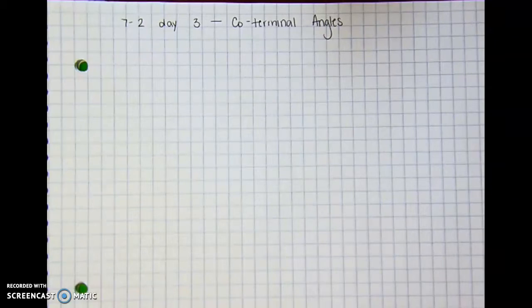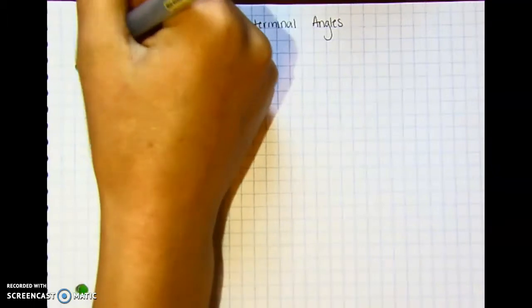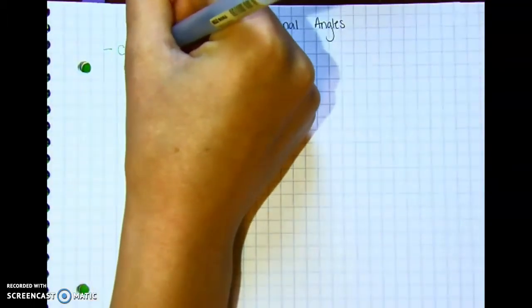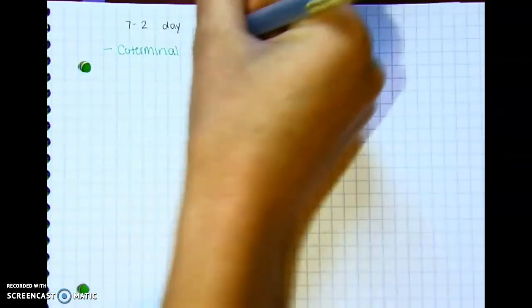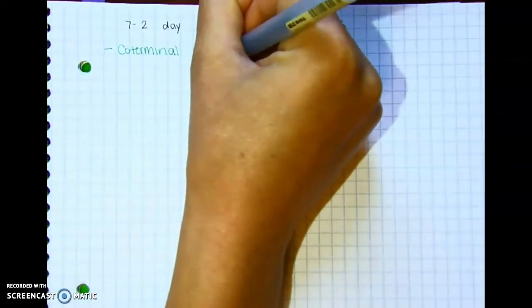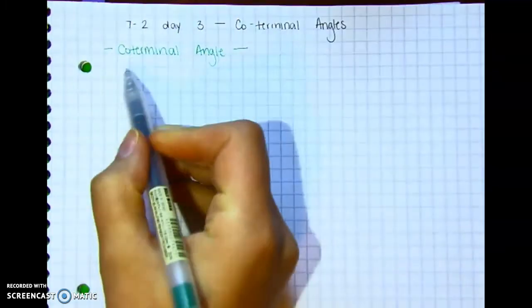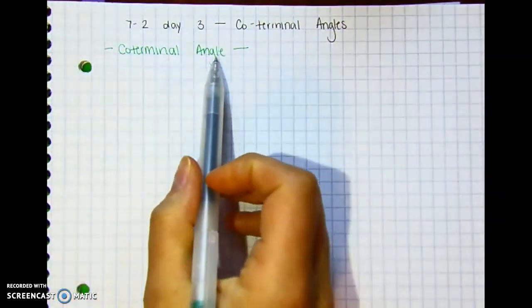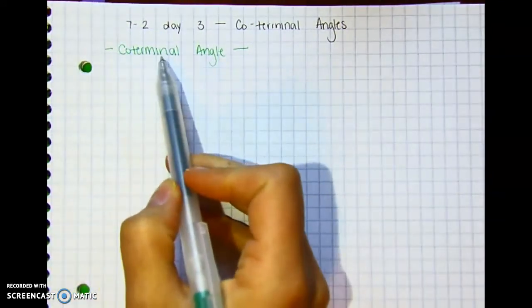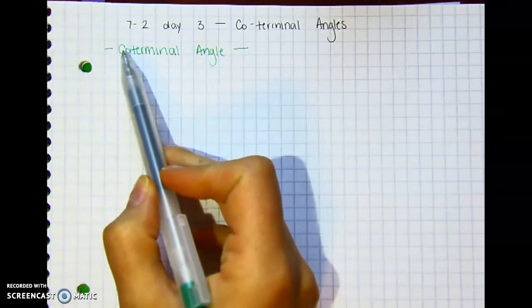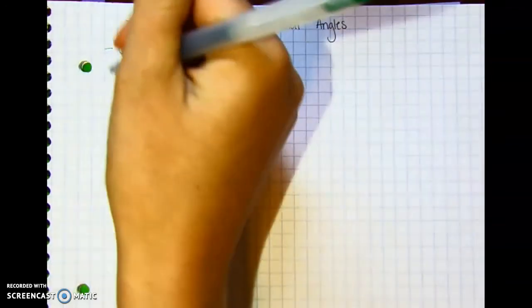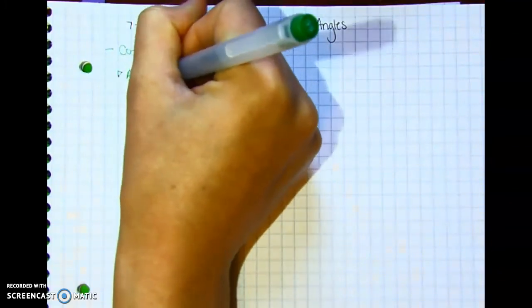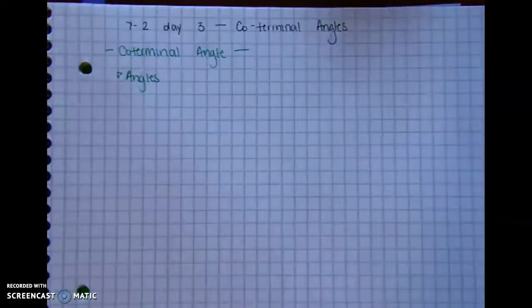So as always we're going to start with the definition. What is a coterminal angle? You can kind of get it just based on the name of it, right? So it's an angle that's coterminal. So you have multiple angles that have a terminal side. So angles, does this help?